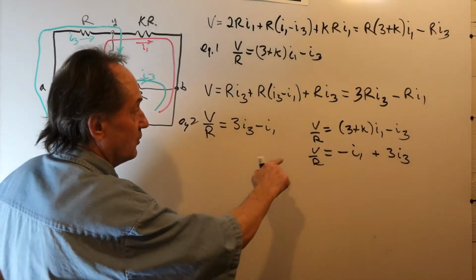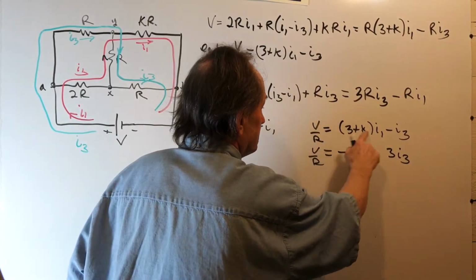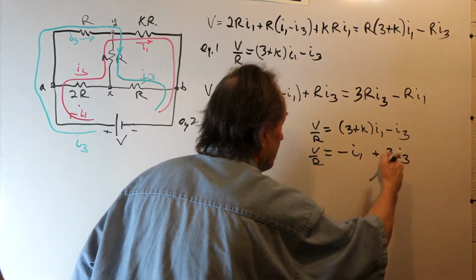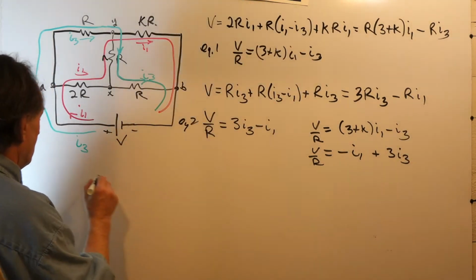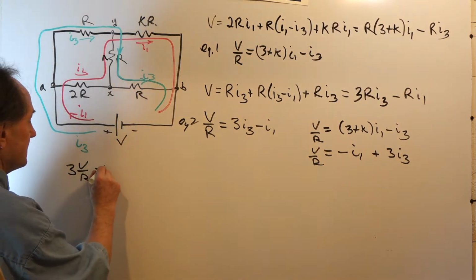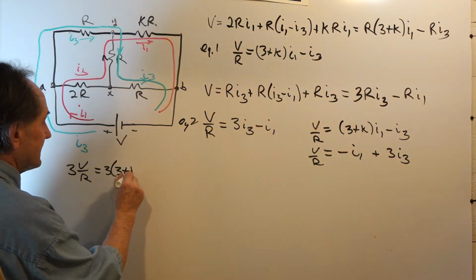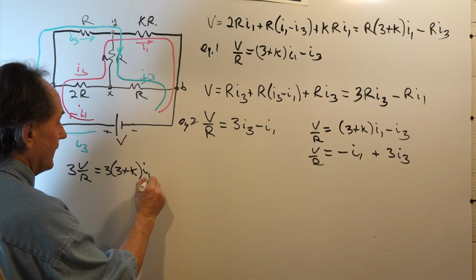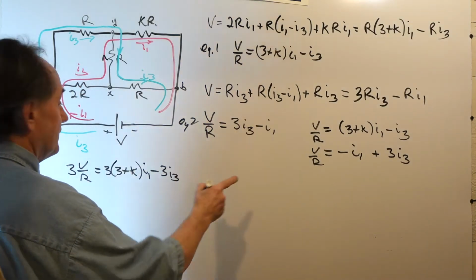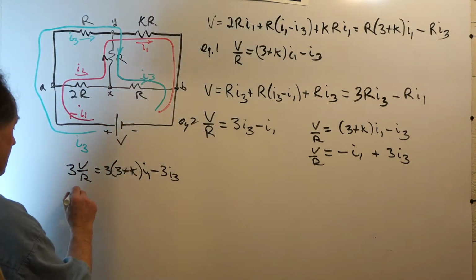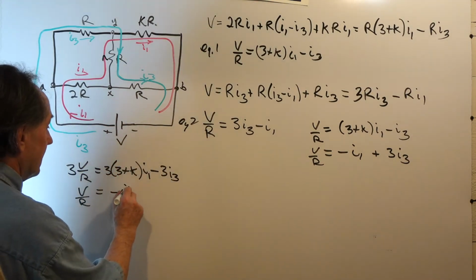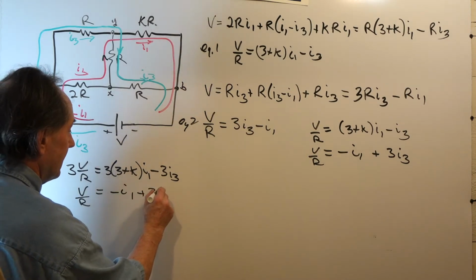Now what I'm going to do is multiply 3 times the top equation and add it to the bottom equation so that the I3s go out. So writing, we have 3V over R is equal to 3 times (3 plus K) I1 minus 3 I3, and we're adding to this equation V over R, which equals minus I1 plus 3 I3.